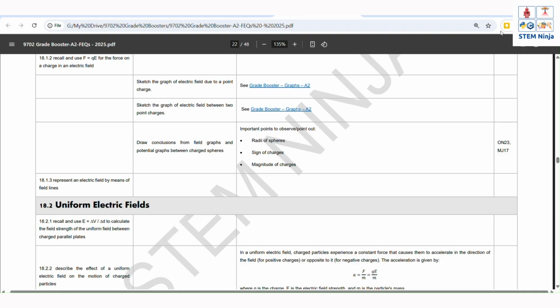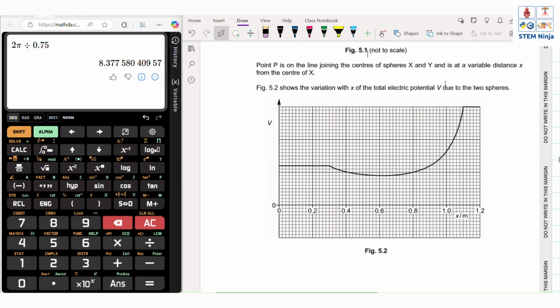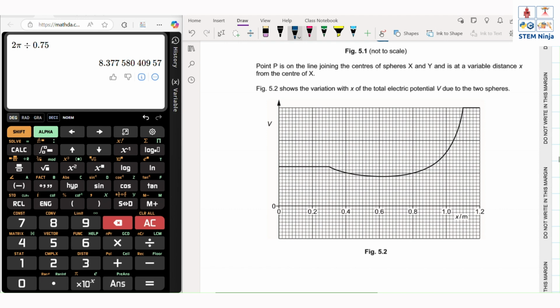These are the conclusions that we must point out. So going back over here, as you can see, first the radii: this is 0.3, and this is 1.1 to 1.2, so 0.1.